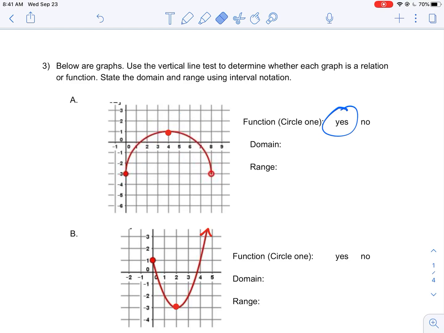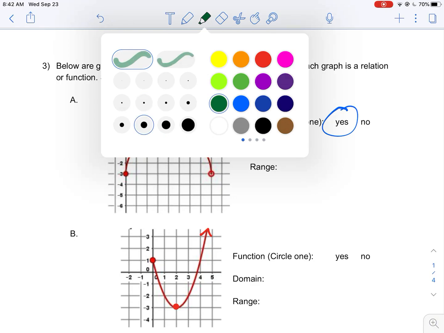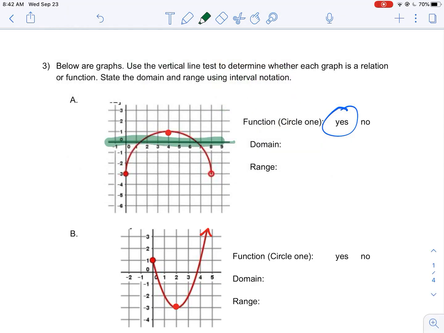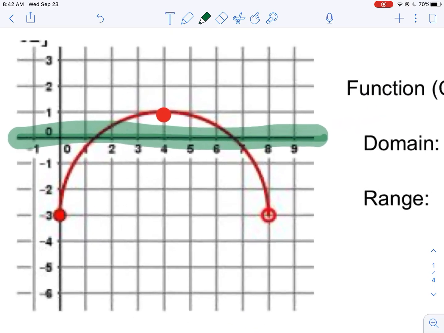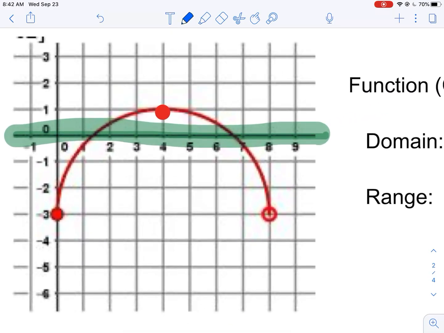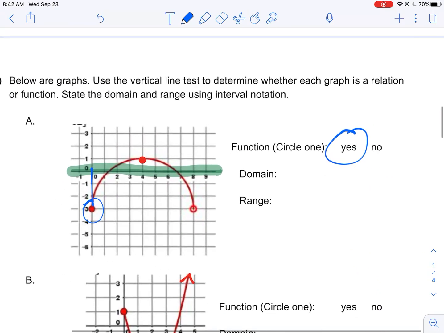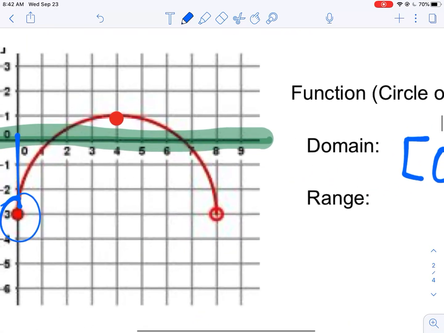Now we have to state our domain and range using interval notation. So the domain represents all of our inputs, or our x-axis right here. I'll make that a bit thicker too so you can see that. So what are all of our x values? You'll notice that the first point here, our x value here is 0. And you notice it's a solid dot, so I'm going to go with a bracket, 0.